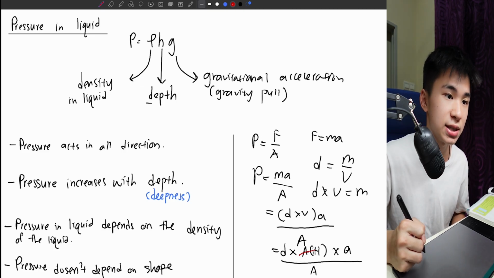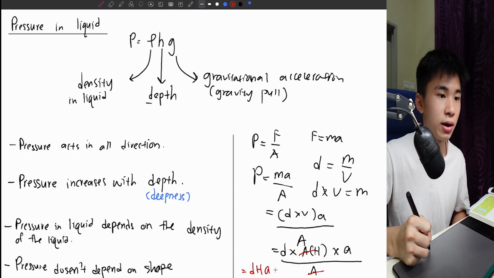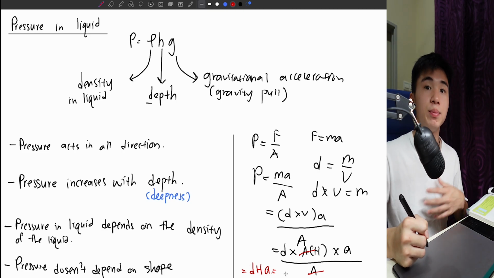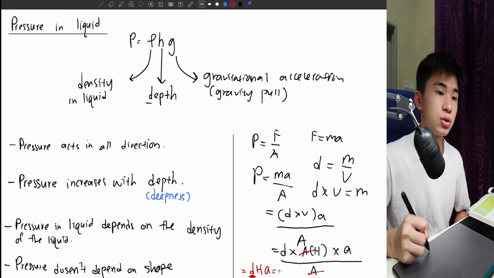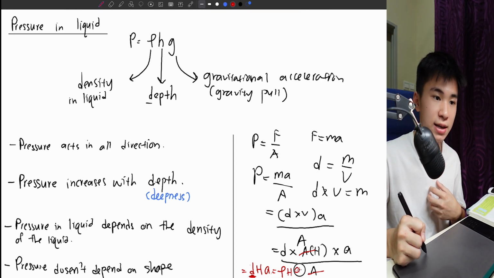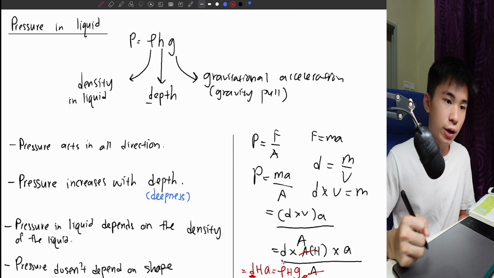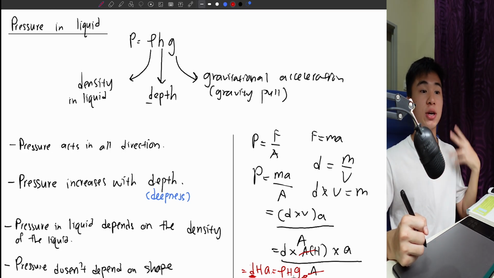So A over A, we can just cancel it out, which leaves DHA. At the same time, the height is going to be our depth. So I'm going to change the D right here to rho and H, and our A, which is our gravitational acceleration, I'm going to put as G. As you can see, I've converted the formula for pressure in solid to pressure in liquid.